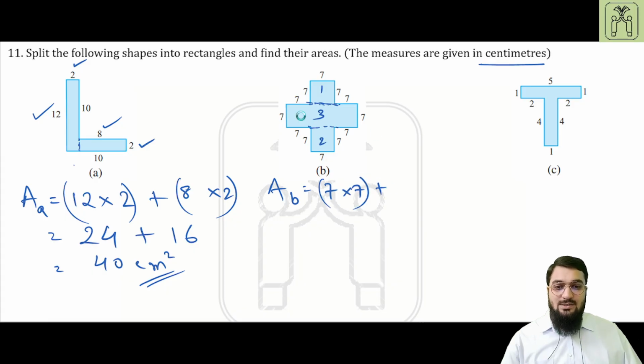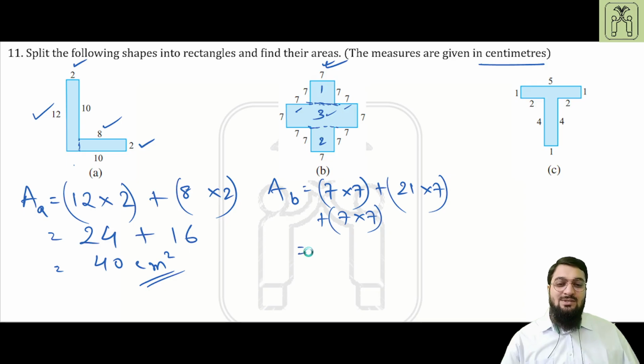Next part is 7 plus 7 is 14 plus 7 is 21. So that will be 21 into 7, because the middle part is also 7, which is mentioned over here. And the next again will be 7 into 7. So plus 7 into 7.